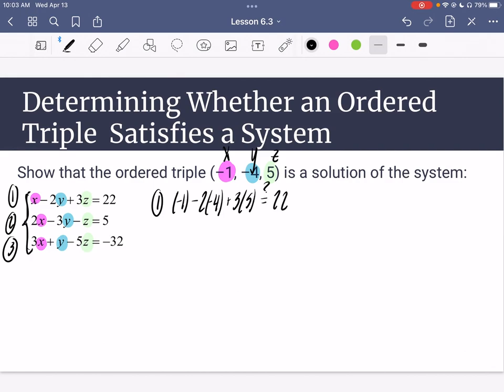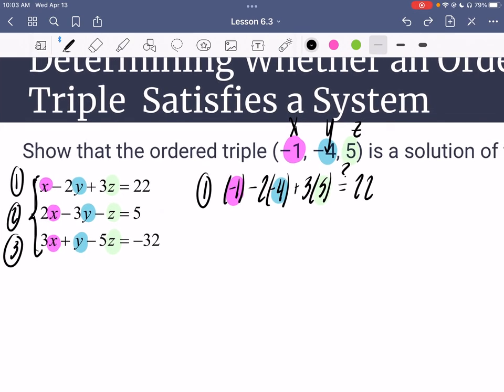I'm going to put a question mark over that just to verify, because we're not 100% sure yet. That's what we're testing to see, does this actually give us 22 when we plug this in for x, y, and z? So we're just going to simplify the left side, because obviously the right side is already simplified as much as possible. So I have -1, -2 times -4, this becomes 8, 3 times 5 becomes 15.